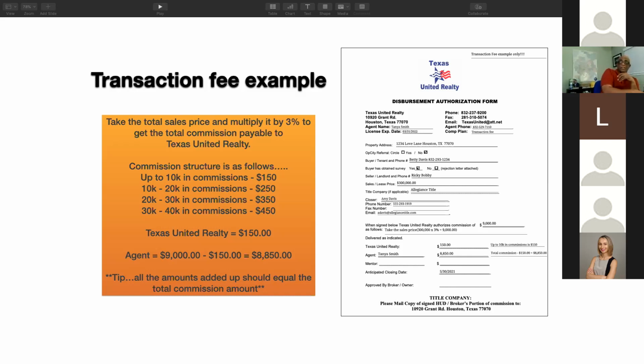Okay, yeah, I got a $20,000 lease a month. Yeah, that was the price of the monthly rent, $20,000. But you're saying that Texas United Realty got $10,000 and you got 5? Well, no, the other 5 went to Op City and Texas United. So the $10,000 was basically split. Okay, gotcha. Does that make sense? Yeah, because I wanted to get rid of that $10,000 check as soon as I could.